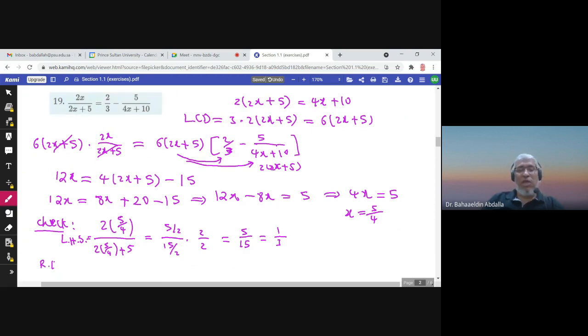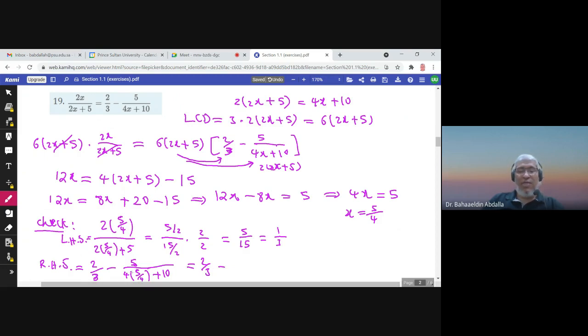Now let us check the right-hand side, and it should be also 1 over 3. So 2 over 3 minus 5 over 4 times x, and x is 5 over 4 plus 10. So this would be 2 over 3 minus.